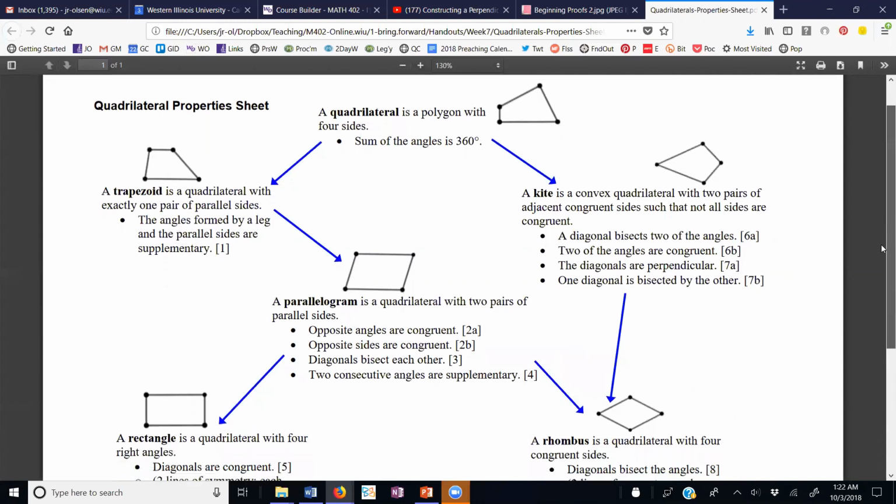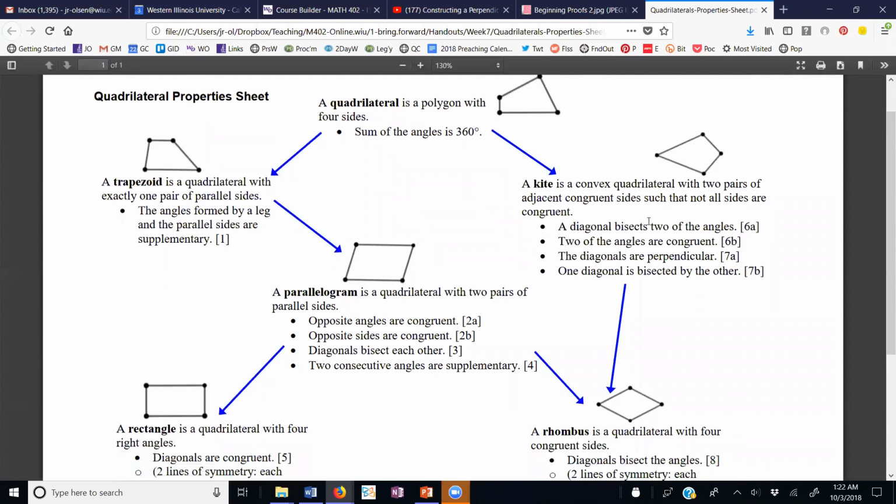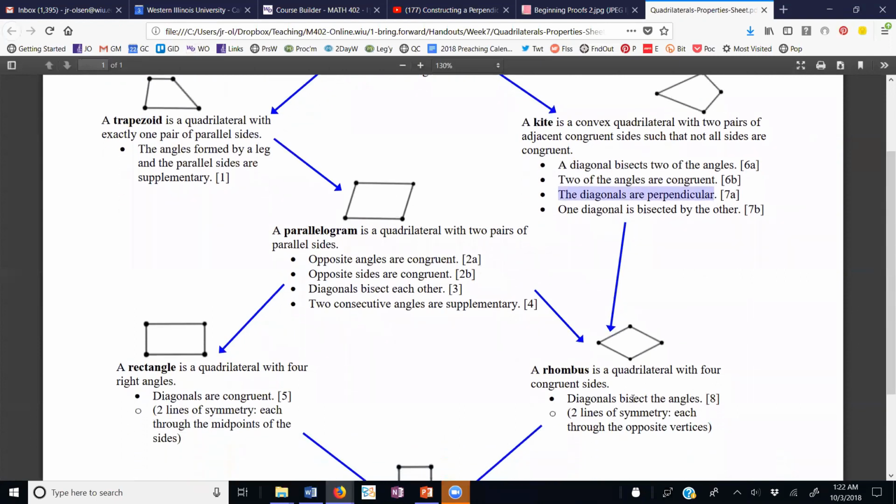So, for example, over here on the kite, we have a property here that says the diagonals of the kite are perpendicular. When I come down to the rhombus, it can be thought of as a specialized kite. The rhombus automatically has all these properties.